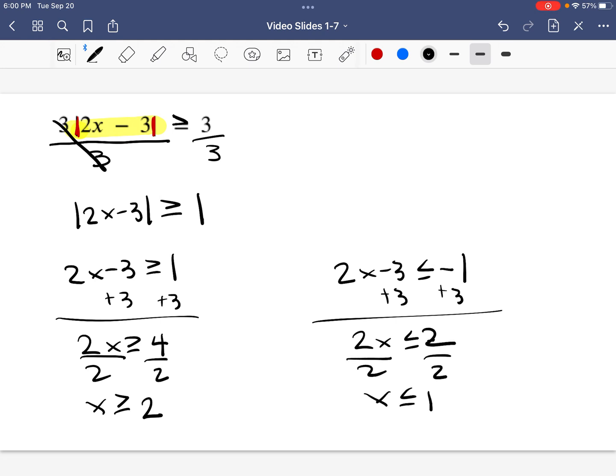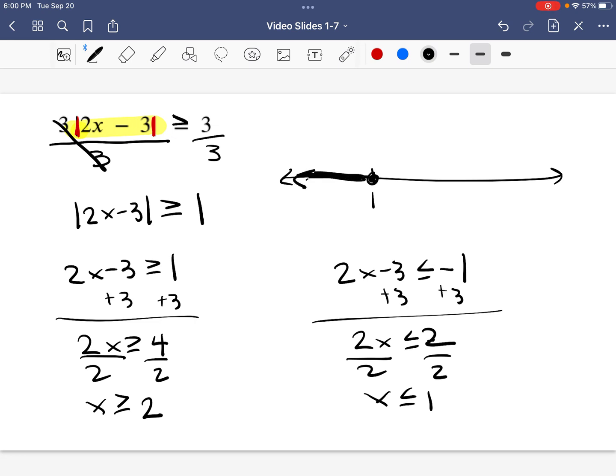So if I graph my answer, I've got x has to be less than or equal to 1. Oh, I didn't draw that very centered, did I? Let me try that again. My upper bound of the lower part is 1, and every number less than that.